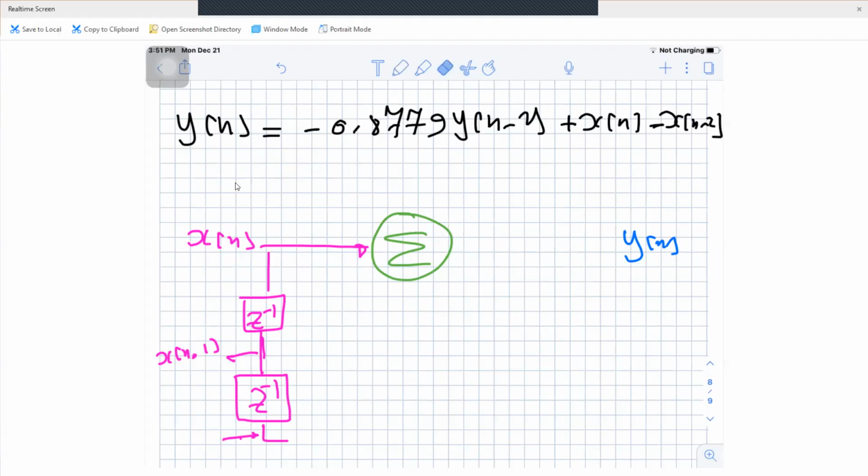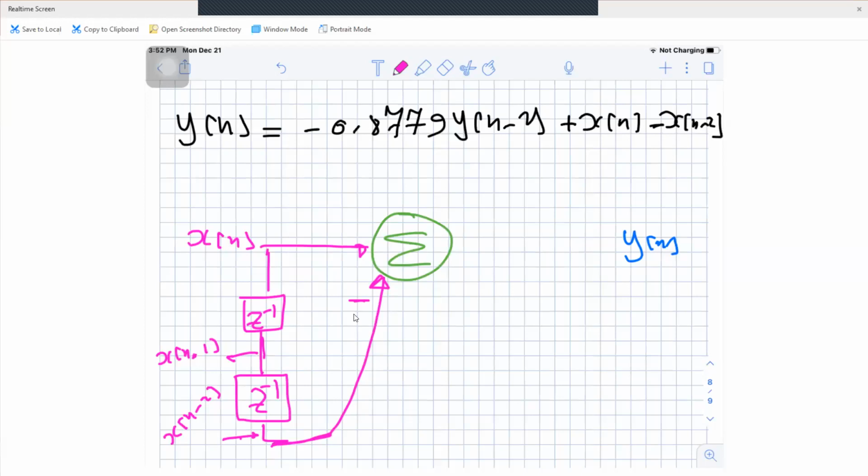Well, now we are going to feed this one to the system, of course, in negative. Look, this will be x of n, and x of n minus 2 will be this one. And it is in negative, so it has a negative sign.